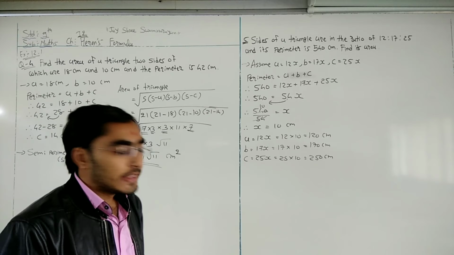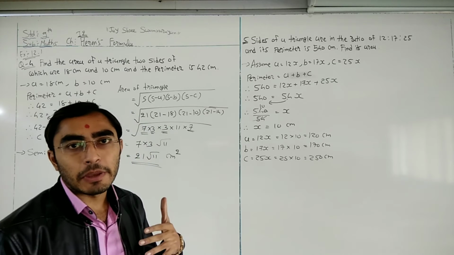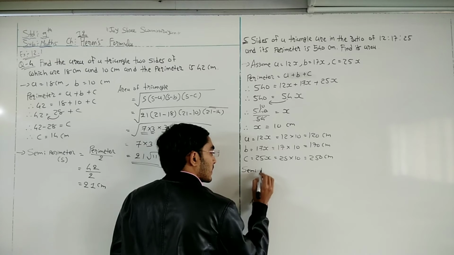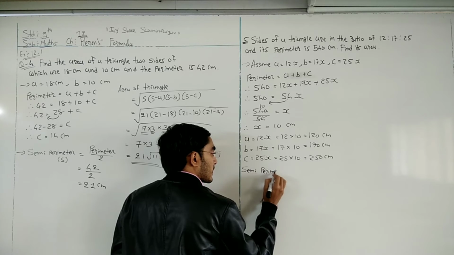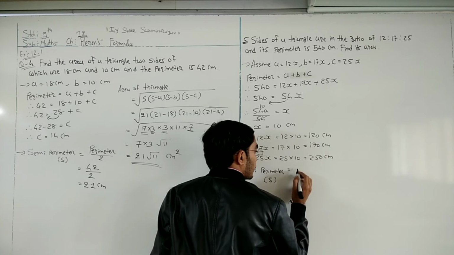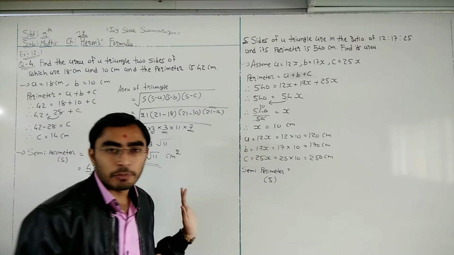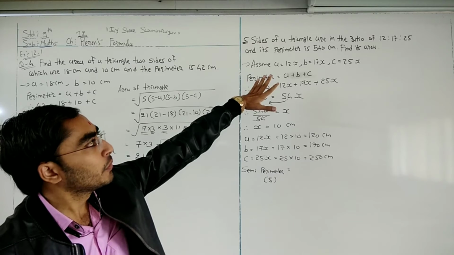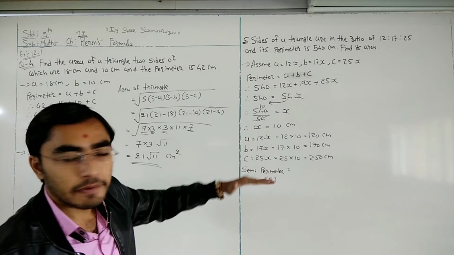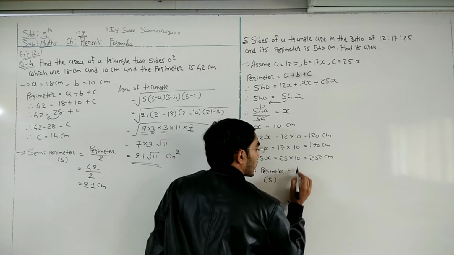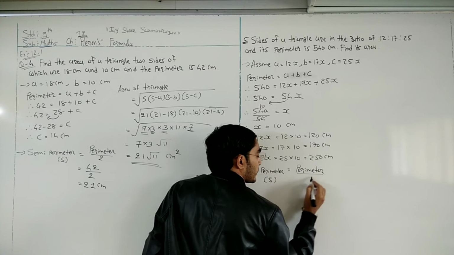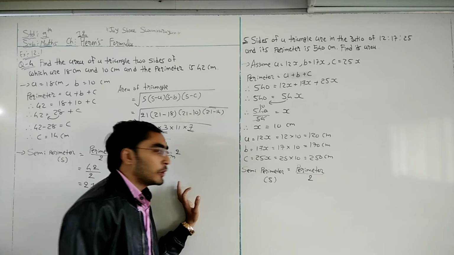Okay. Now find out the semi-perimeter S. Semi-perimeter S is equal to A plus B plus C by 2, but we know the value of our perimeter. So directly perimeter divided by 2.